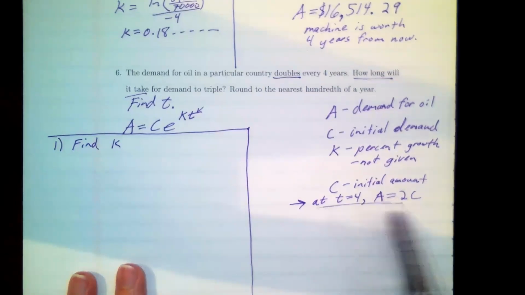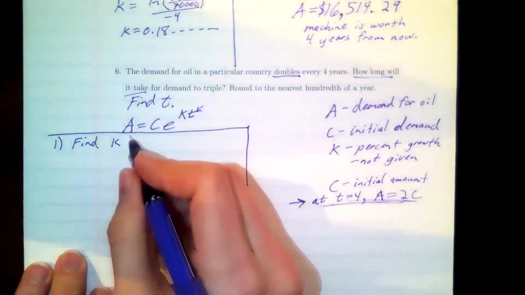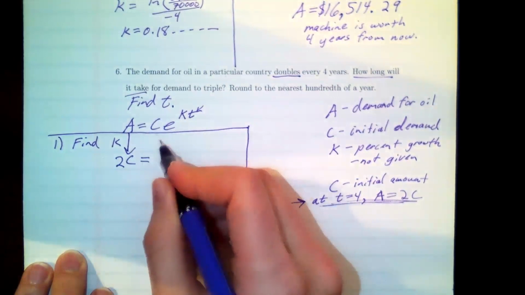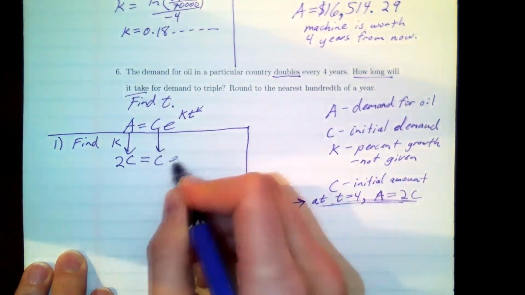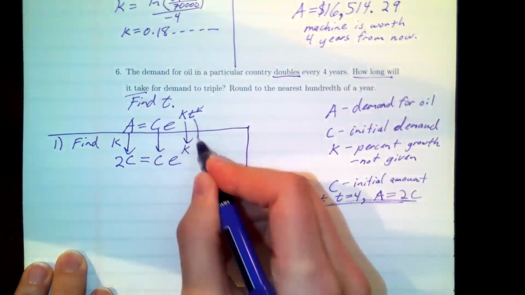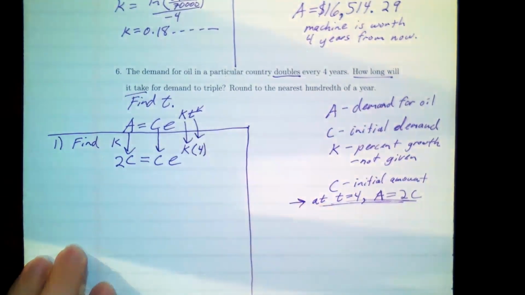Let's use this to help me solve for K. A is 2 times C. C is an initial amount that I don't quite know. K is unknown, but I do know at doubling, T is 4.